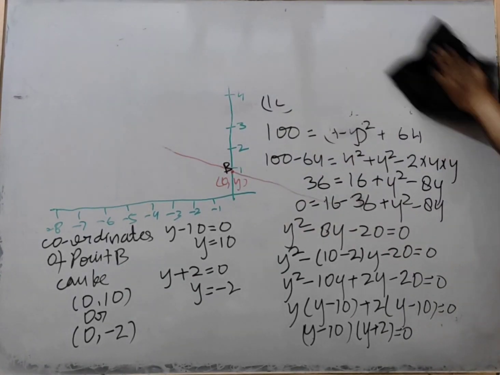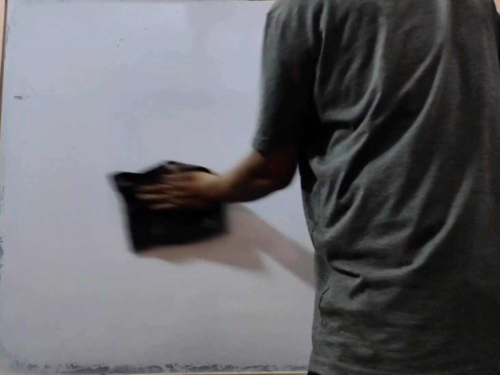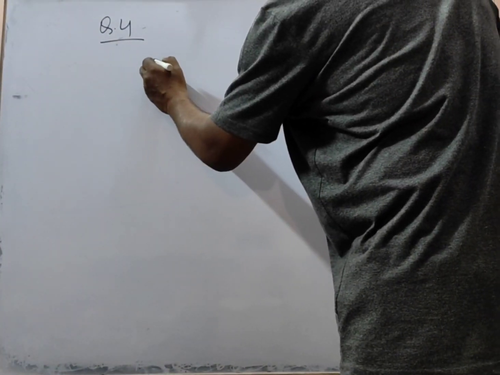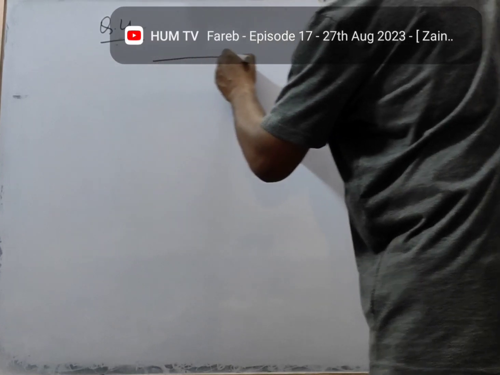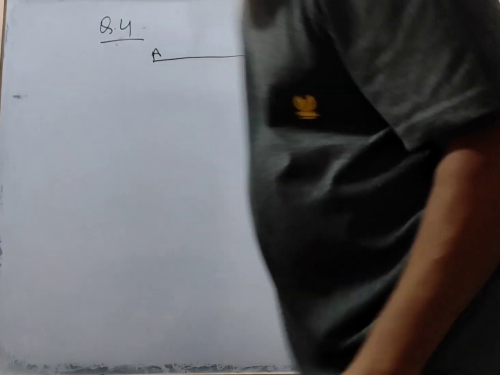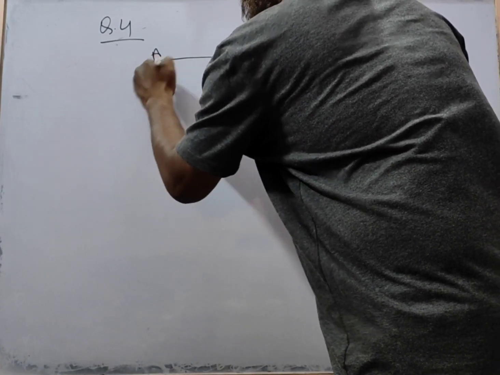So question number 4 is like this. There is a point A. Its coordinates are 3, 1.